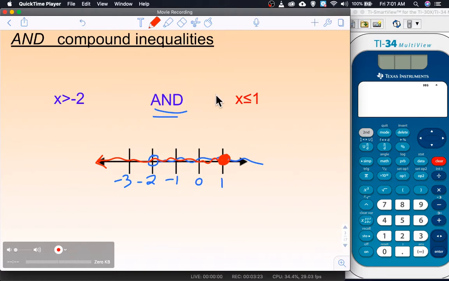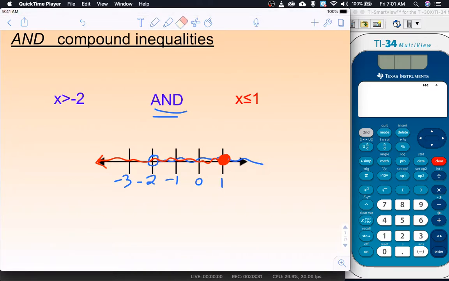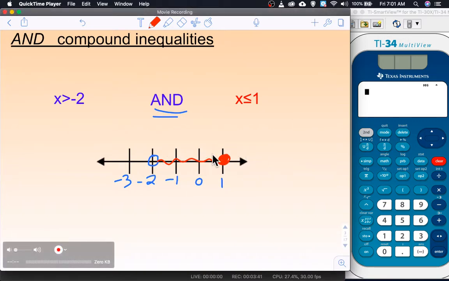Both of these need to be true. So where on my graph would both of them be true? Well, it would be between the 2 inequalities. So really, the solution of this is just the area between 1 and -2. These are the numbers that are bigger than -2 and less than or equal to 1.